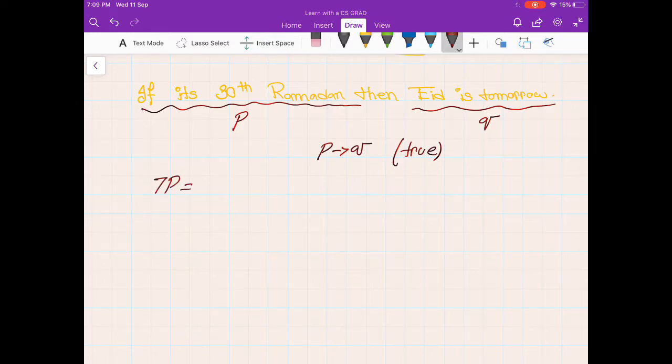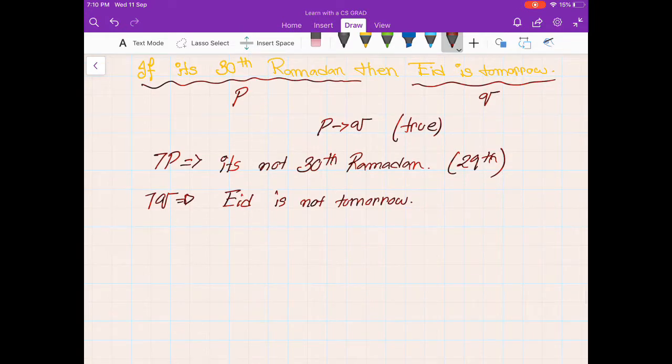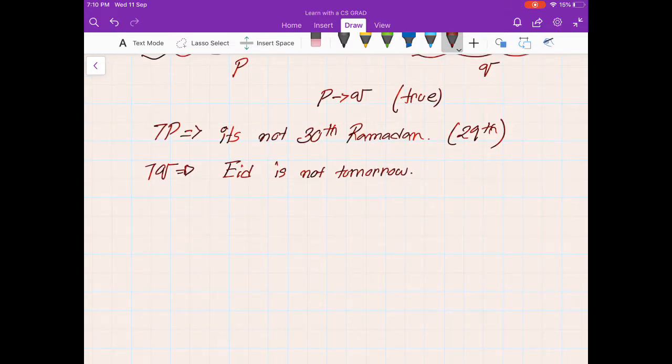Not P would be it's not 30th Ramadan. Let's say this is like the 29th, and not Q would be Eid is not tomorrow, right? So this is false, because even if we see the moon on the 29th, then Eid is going to be tomorrow, right?